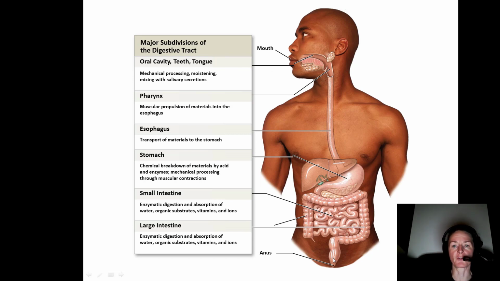Now, where we have stratified squamous epithelium is where we expect to see lots of abrasions and mechanical stresses. And in the mouth, we're going to see all kinds of chemical stimulants that could be abrasive or caustic to the epithelium. For example, when you eat lemon juice or coffee, you're going to be consuming acidic substances.